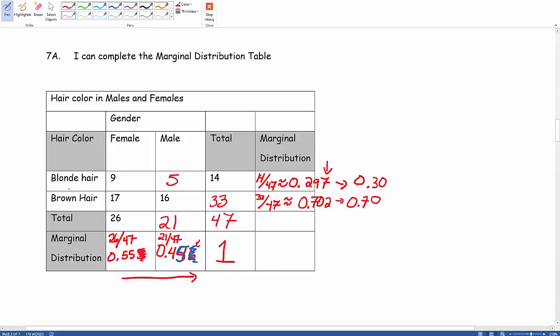Whereas when we look at our brown hair and blonde hair, we have 0.30 plus 0.70, and we also end up with a clean 1. So those total marginal distributions end up being the same. Again though, that is problem 7a from our target 3.